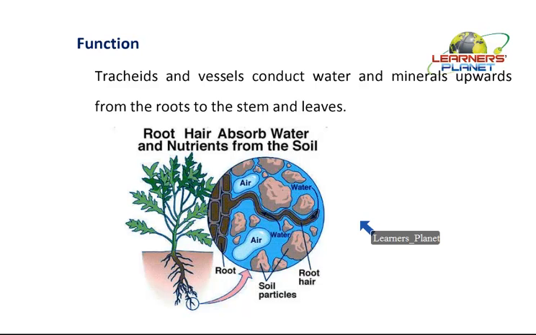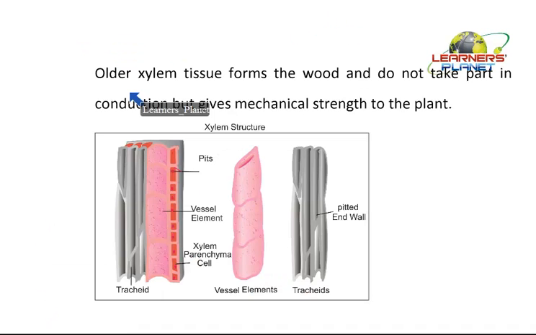When they move upward, further they are transported to different parts. Besides this, as the xylem tissue grows older, it starts constituting the wood of the plant. Later on they do not take part in the conduction process. Young xylem is involved in the conduction process.